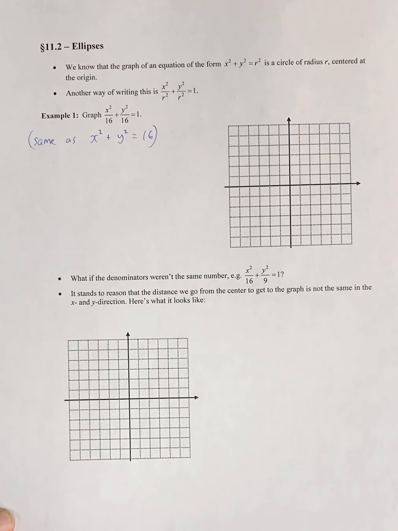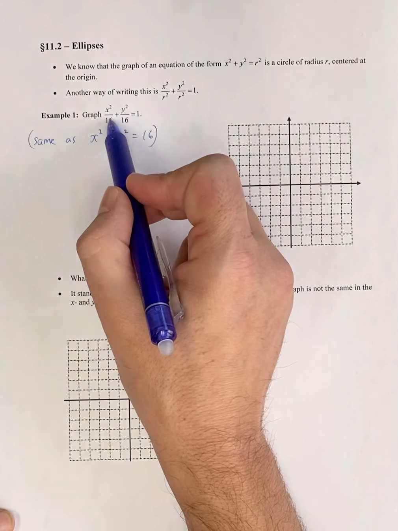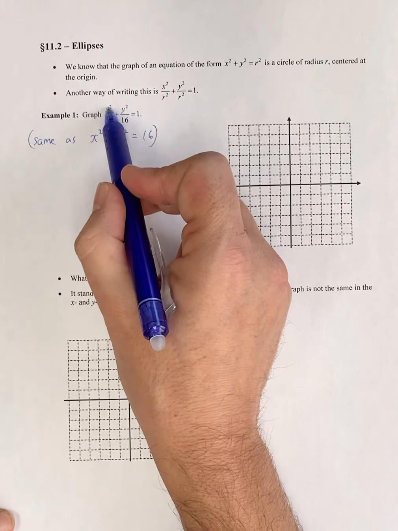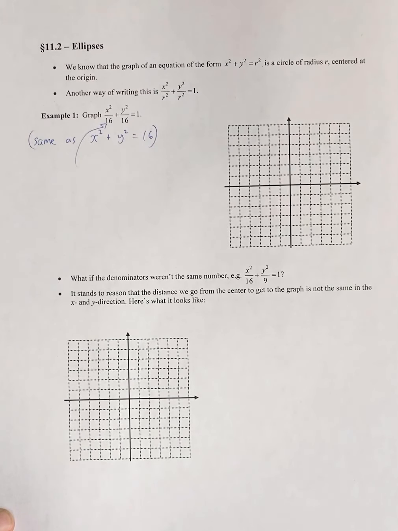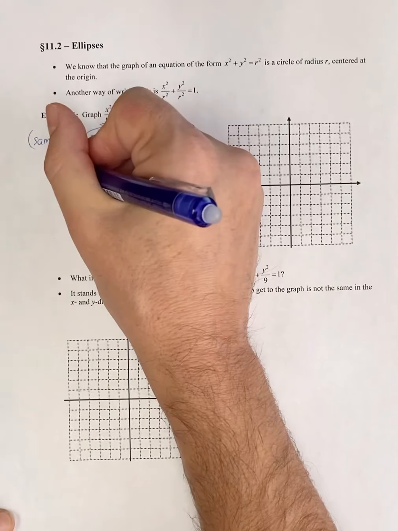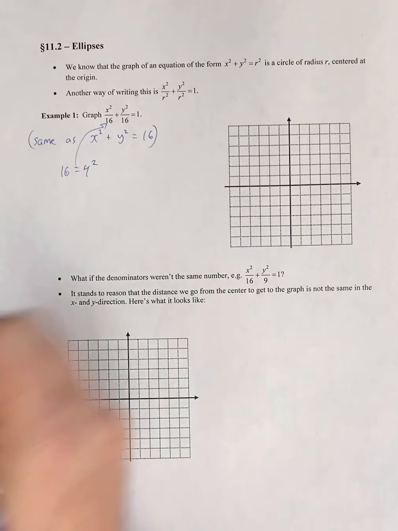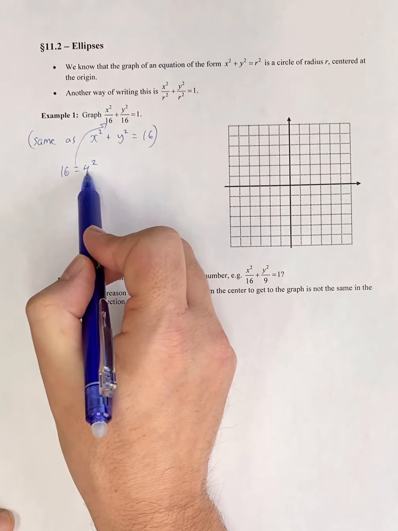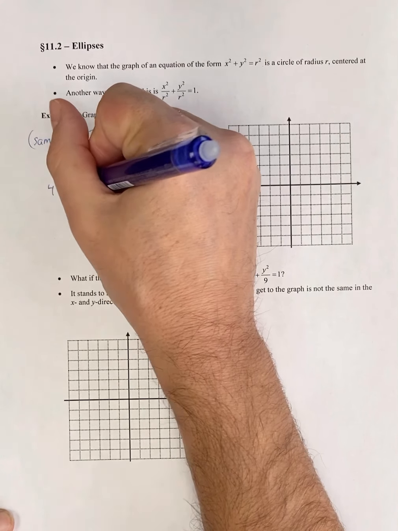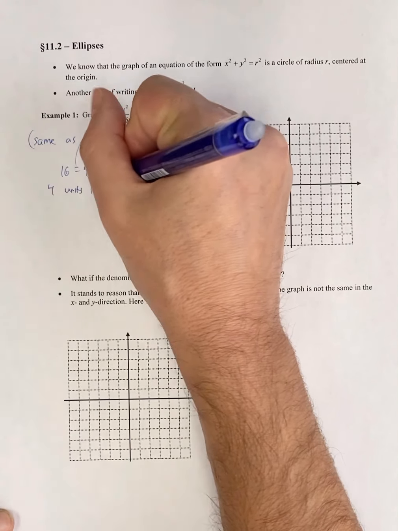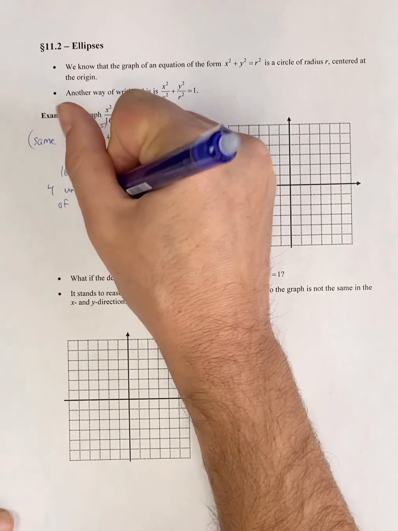And I want to think of that 4 as coming from these denominators. So think of the denominator under the x term as telling us how far to go left and right of the center. So 16 is 4 squared, and normally we think of 4 as the radius, but instead here I just want to think of it as instructions telling us to go 4 units left and right of the center.